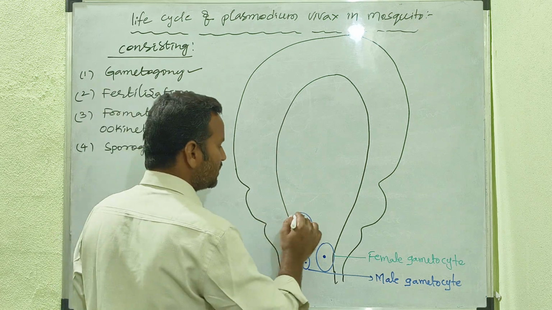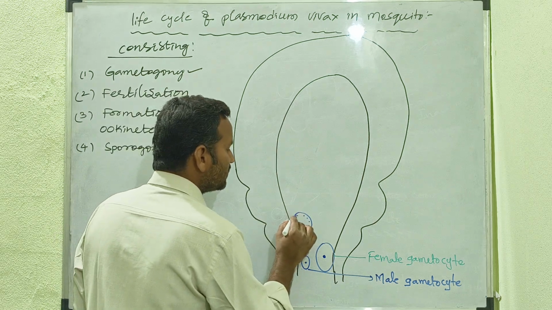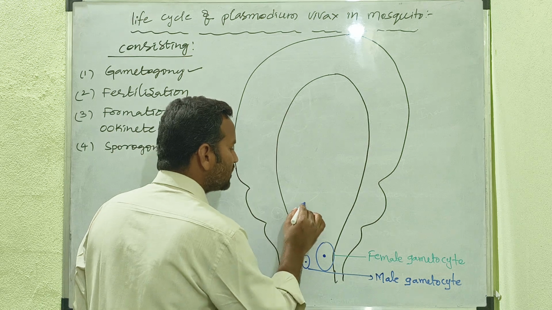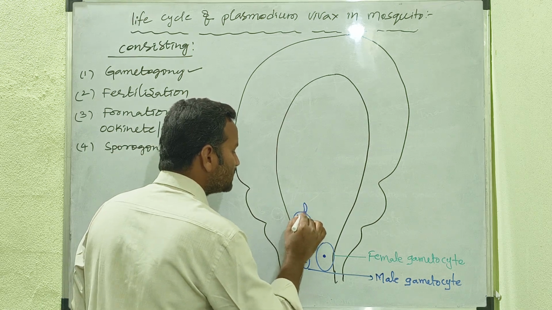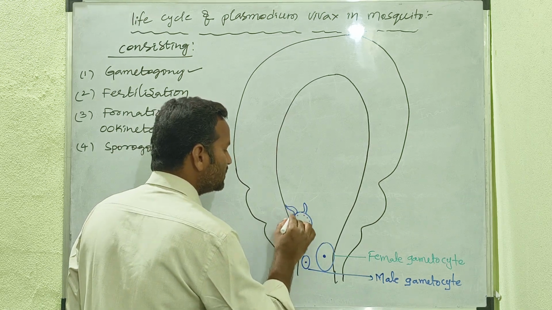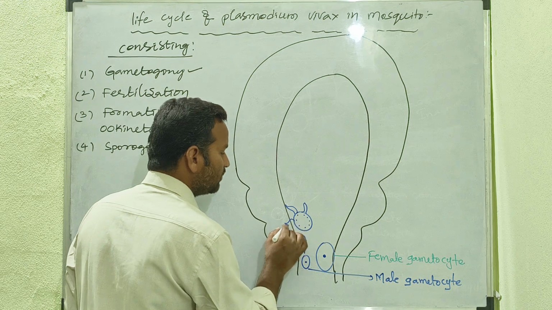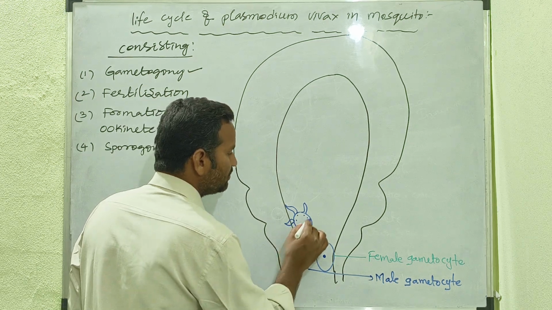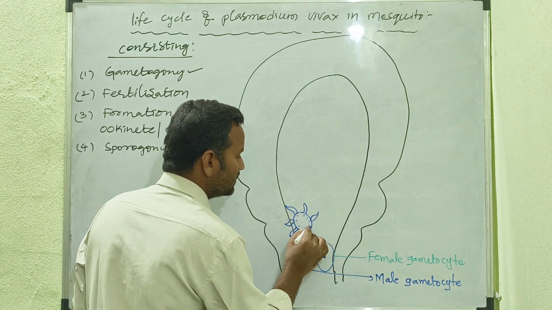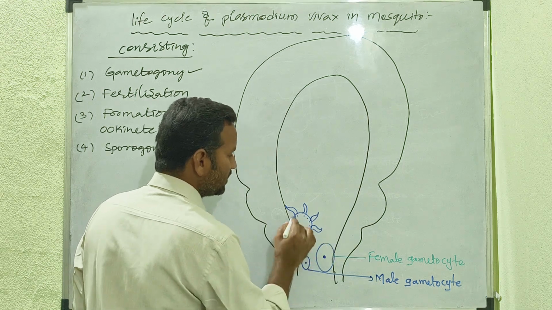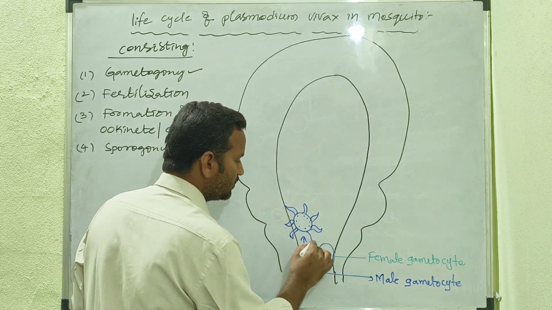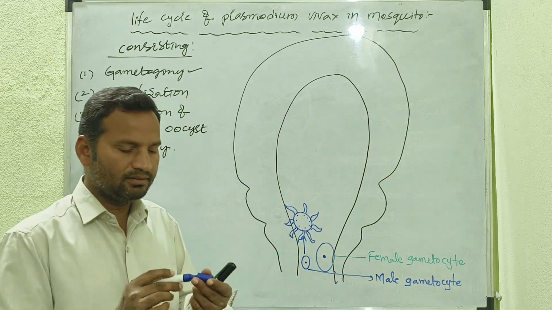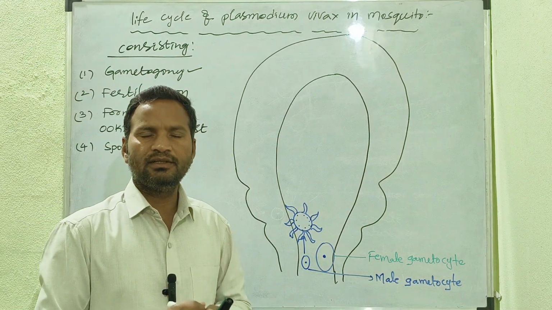This is the cytoplasm. The cytoplasm pushes out 8 flagella-like processes.